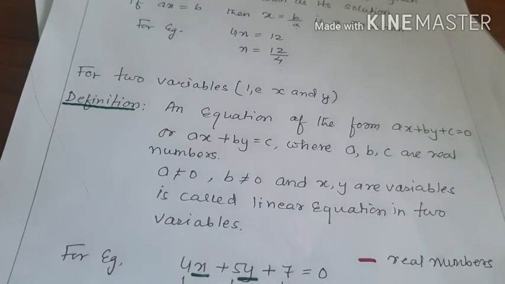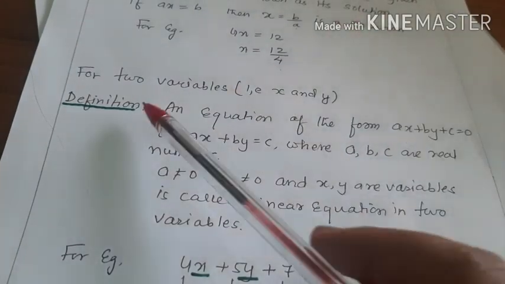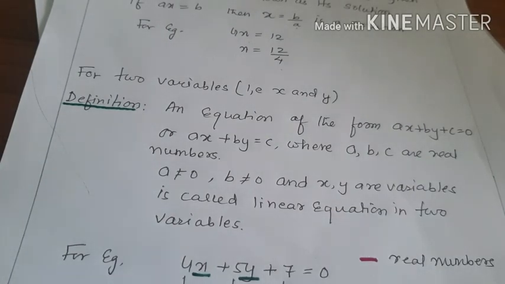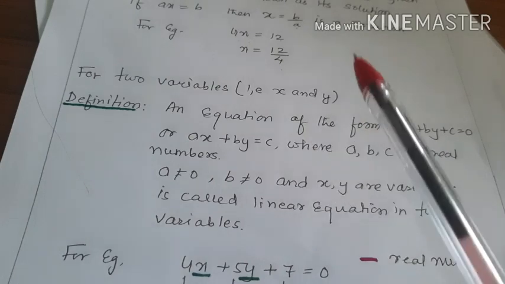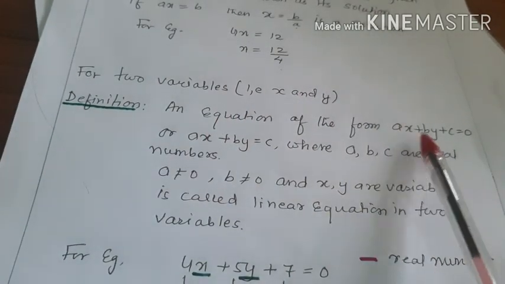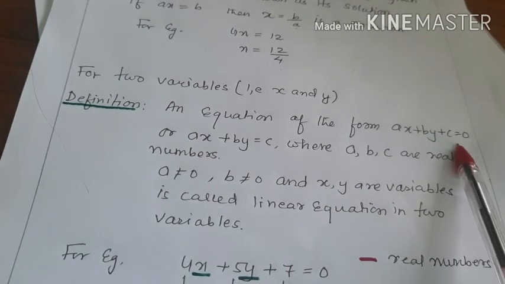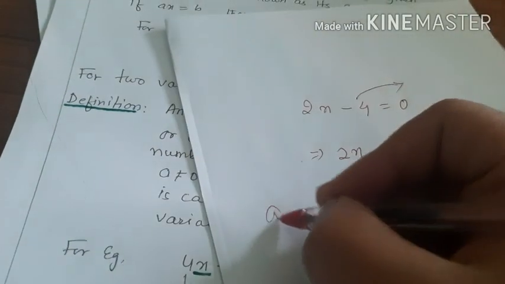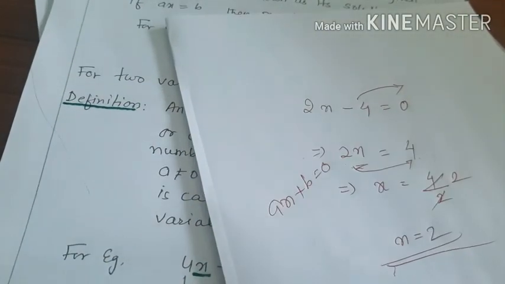Definition. For two variables, now in our equation we will get y as well. So the definition for it will be an equation of the form ax plus by plus c equals 0. In our linear equation in one variable we will not have that; we'll just have ax plus b equals 0.